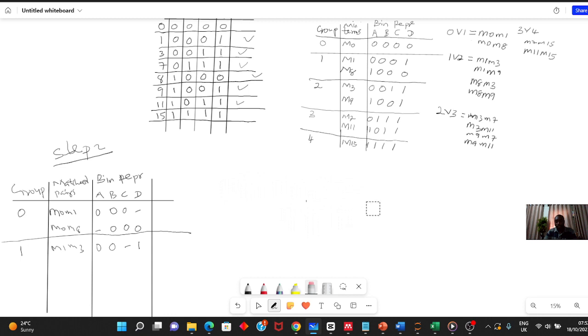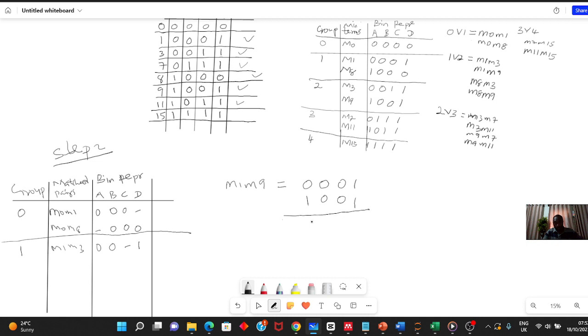So let's see the next match pair in the group of 1. We have M1, M9. M1 is given to be 0, 0, 0, 1. M9 is given to be 1, 0, 0, 1.